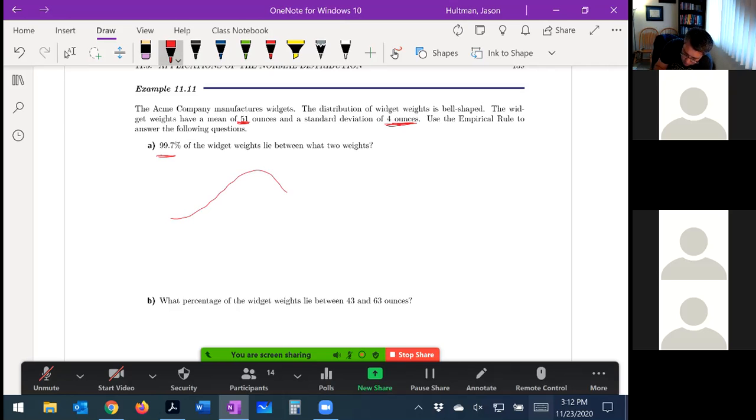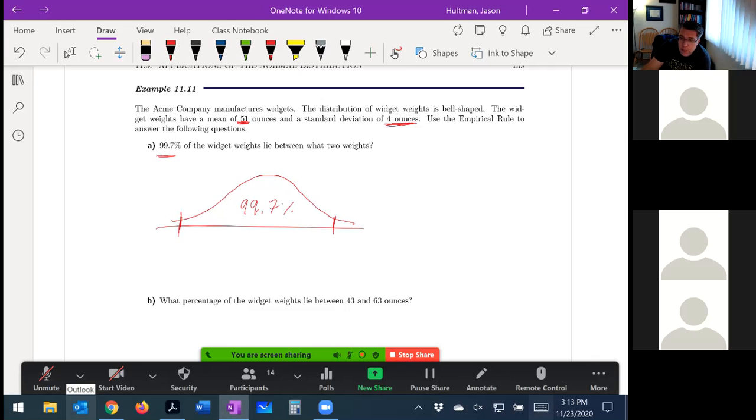99.7% lie between what two weights? Well, I know that 99.7% lie between how many standard deviations? How many standard deviations have 99.7% of the graph? Any ideas? Go back and review the empirical rule.